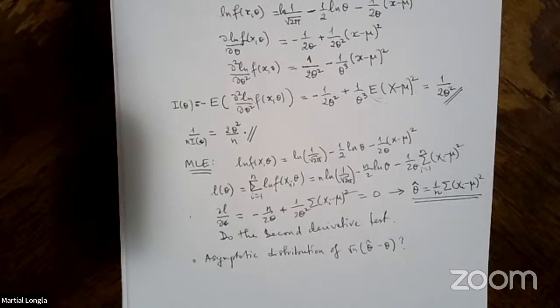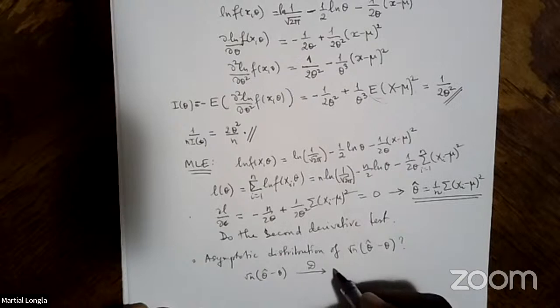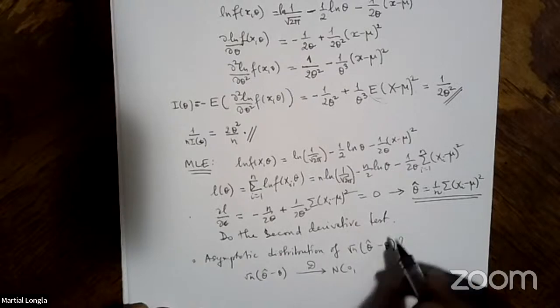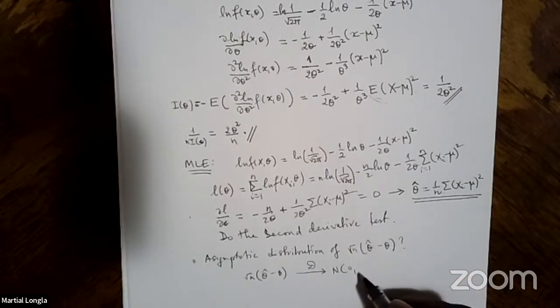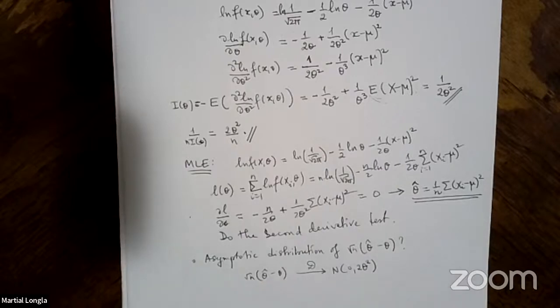Normal with 0 and 2 theta squared over n. But let me check if that n should be there or not. You can never have n in the limit. Yeah. So it's 2 theta squared.